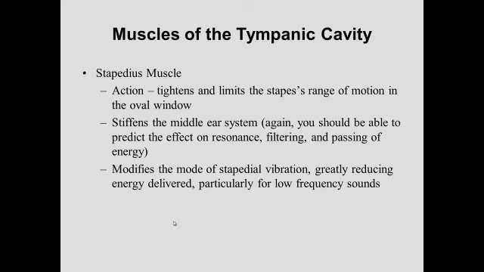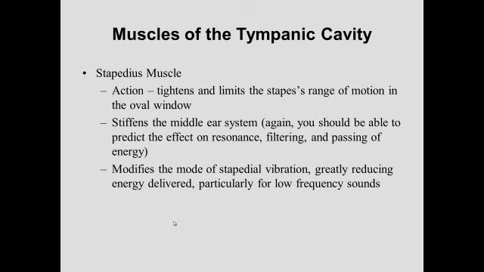In other words, when a dog is about to bark, just before it barks, this muscle contracts inside its middle ear, and in doing so makes that middle ear transmit energy less effectively than it otherwise would. In that way, it's kind of a protective mechanism even before the animal vocalizes. The same thing happens when animals chew, and the same thing happens when animals are exposed to loud sounds. That's where the reflex part of it comes in.